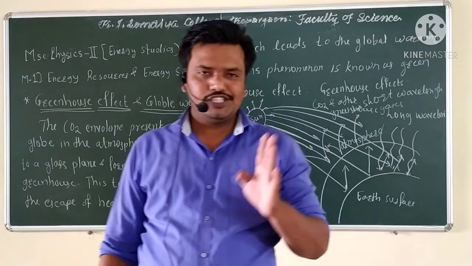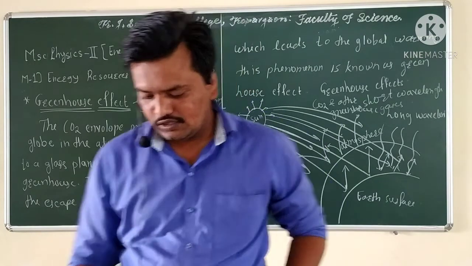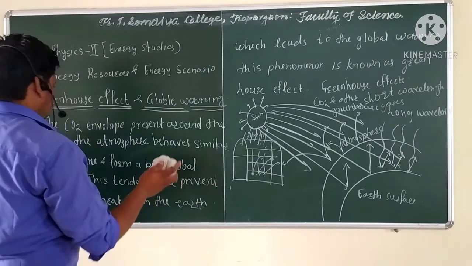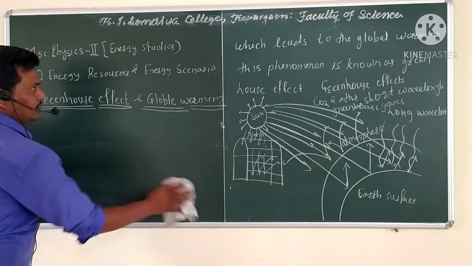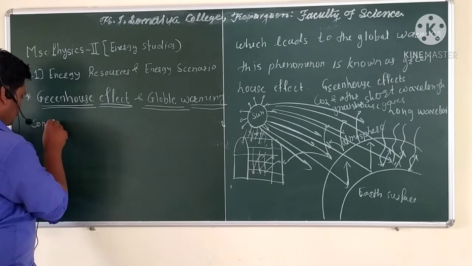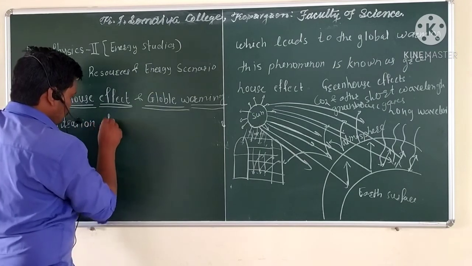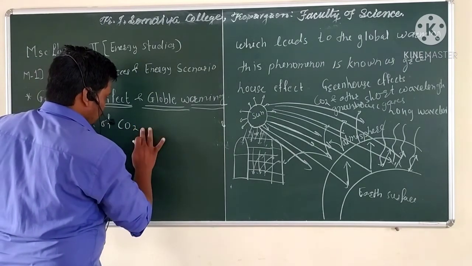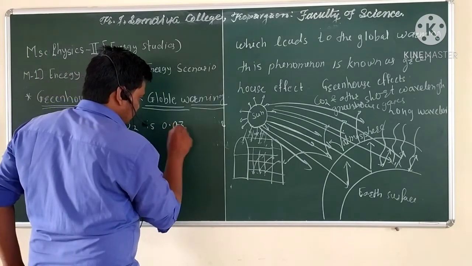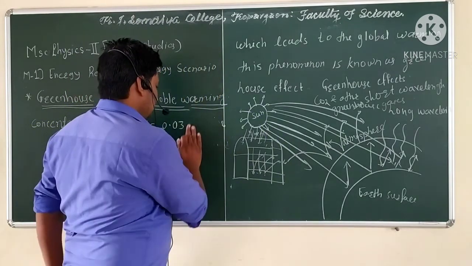So we have to see that the concentration of CO2 in the atmosphere is nearly equal to 0.03%. Not degree Celsius, in percentage.